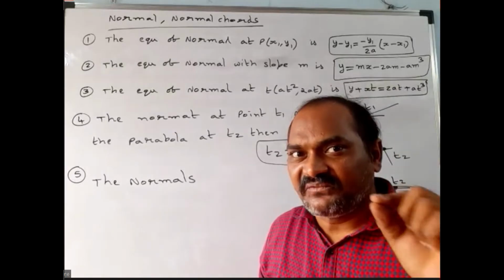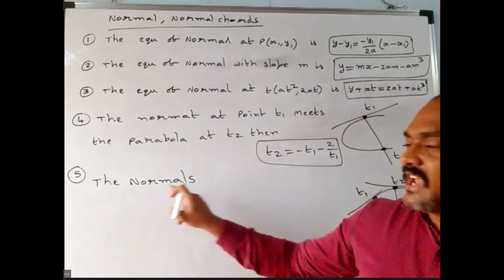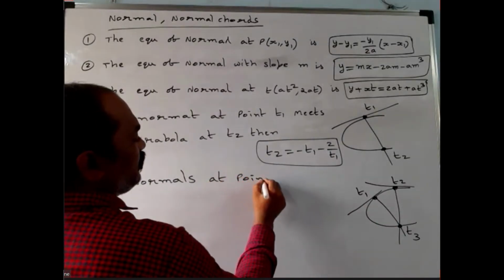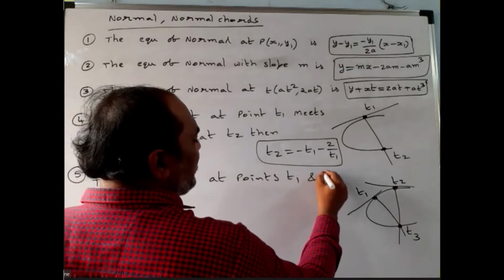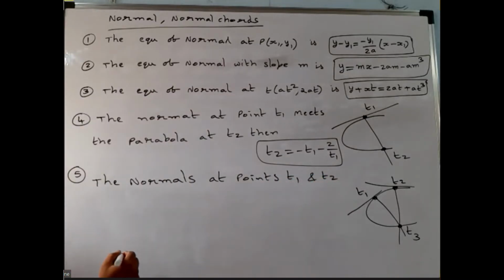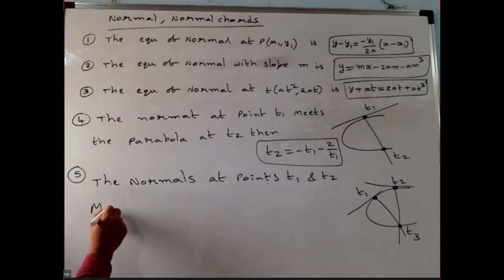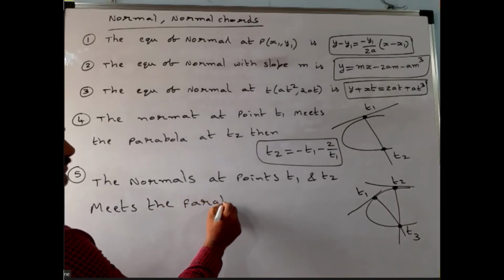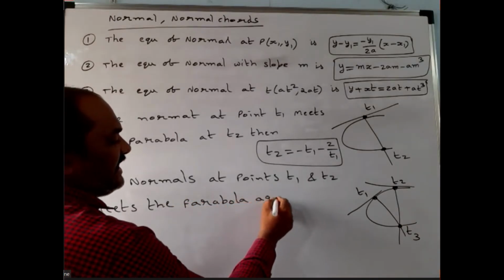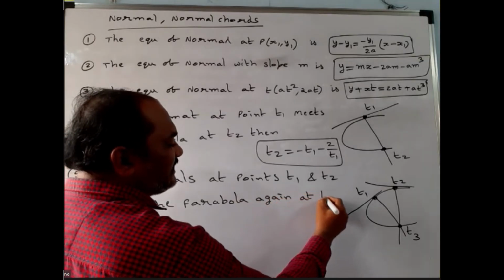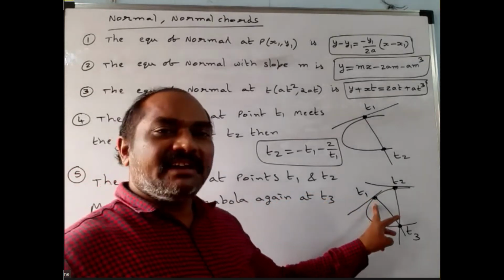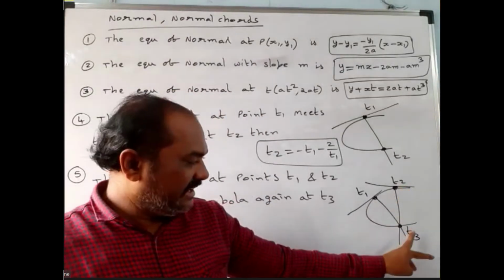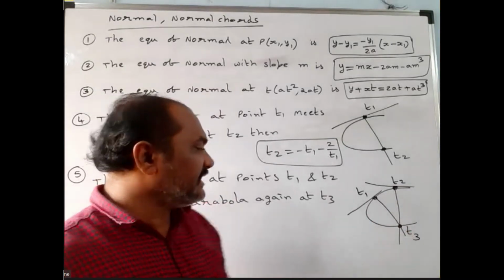I am explaining every synopsis point to you. The T1 normal at T3, T2 normal at T3, again at T3.